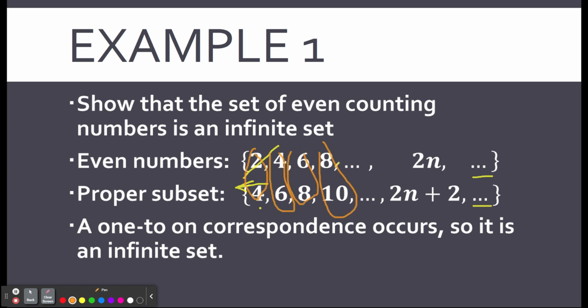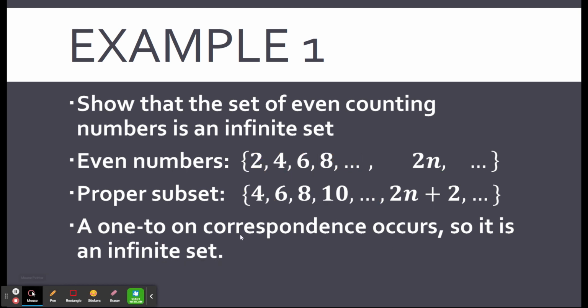Is there a relationship? Absolutely. Since we're moving up to n, and we add 2, we're going to get the next number in the series. So if we've got 10 here, that means we're going to have 12 down here, etc. So this is a one-to-one correspondence. If we get that to show up, we've got an infinite set.